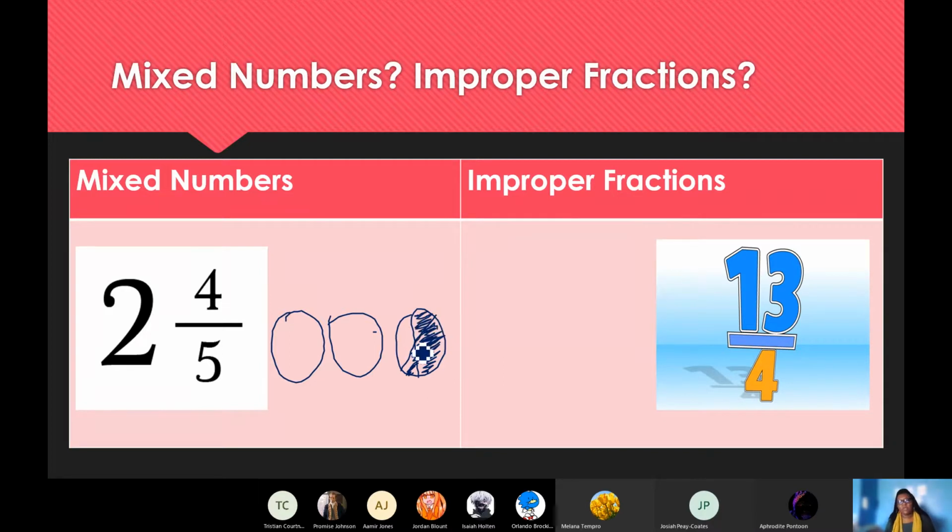Okay? So when we're looking at a mixed number, it's important for us to realize that we're mixing a whole number with a part or a fraction of a number.